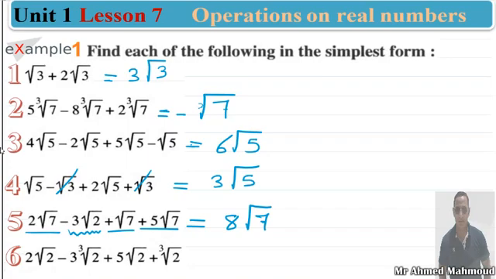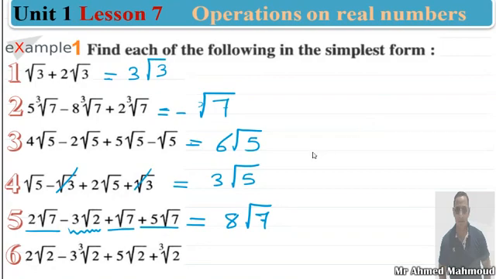I will leave this one. I can't add root 2 with root 7. Then I'm going to drop down negative 3 root 2 like this.